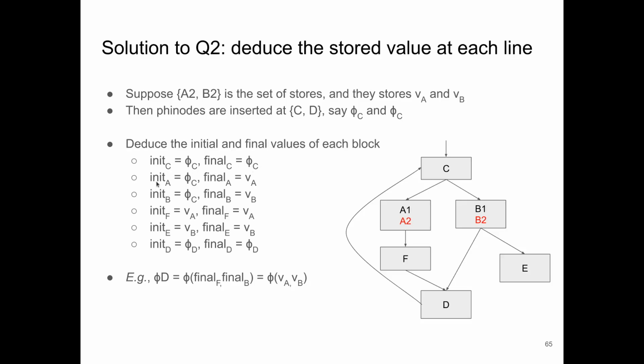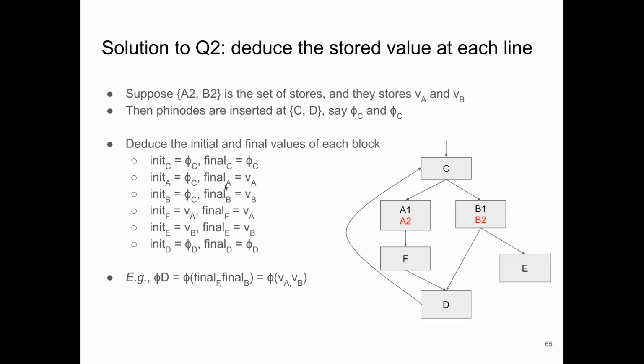And now the initial value at the beginning of A should be phi C, because the final value stored in the location at C is phi C, and it should be preserved. When you jump from C to A, the value stored in the location is preserved, and as a result, the initial value at the block A should be phi C as well.